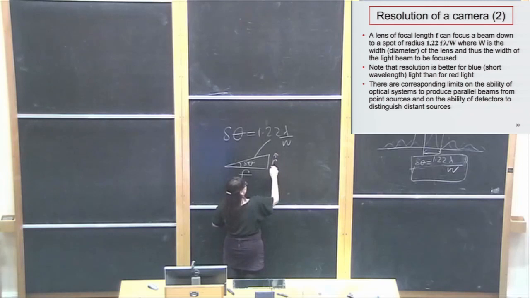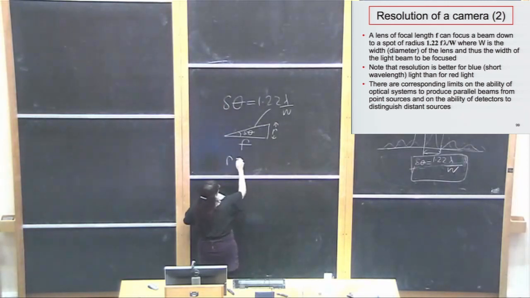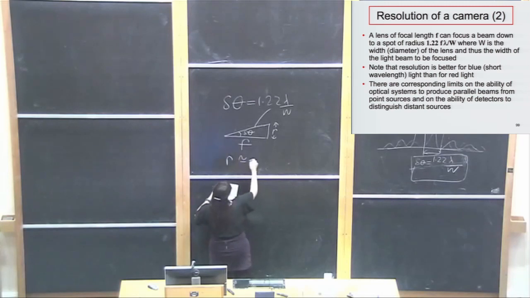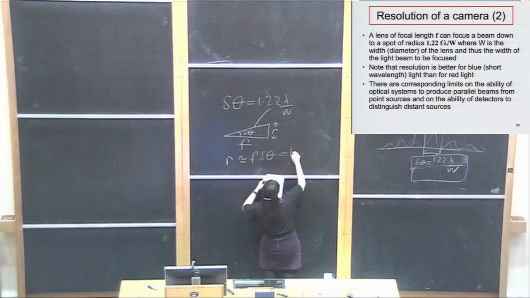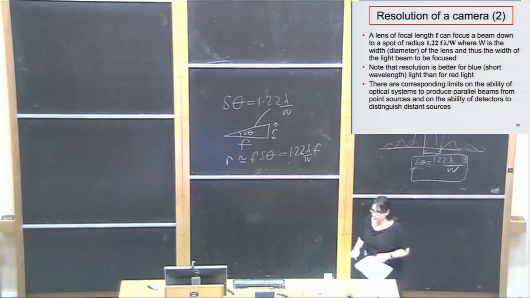So that's the radius of my spot. Assuming we're talking about small angles, I know that my R is given roughly by f delta theta, which is 1.22 lambda f over w. So that's the linear size of the spot, or the radius of the spot, that I expect to see. Right.